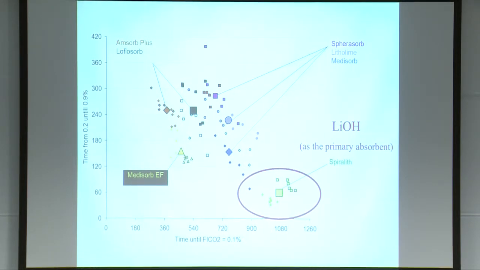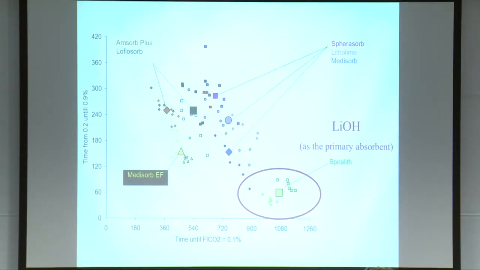Now the other thing, of course, is the rate of rise of the FiCO2. And I have a different axis here. And this is the time, again in minutes, and it tells you how long it takes for the FiCO2 to go from 0.2 to 0.9%. So this tells you something about how fast they exhaust once they start to exhaust.